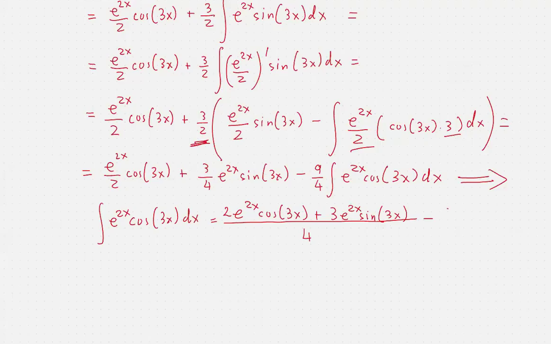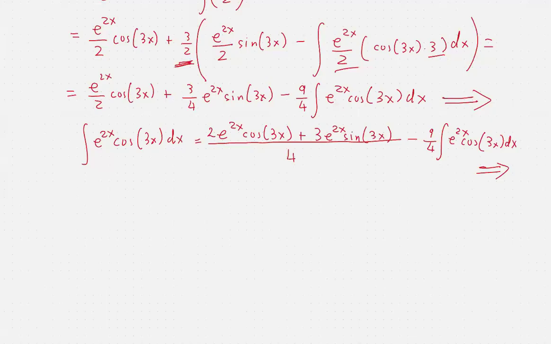So the idea now is to bring this integral over to the right-hand side. So again, I'm using the implication sign. And you need to add the 9/4 times this integral.